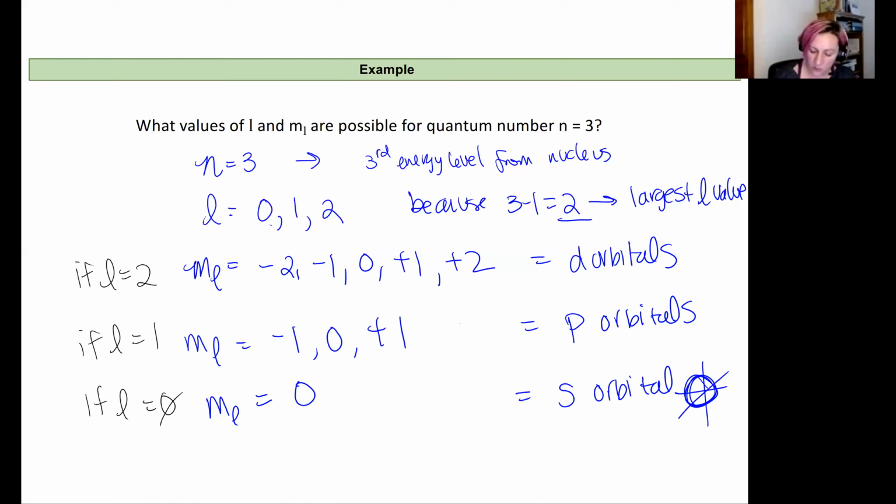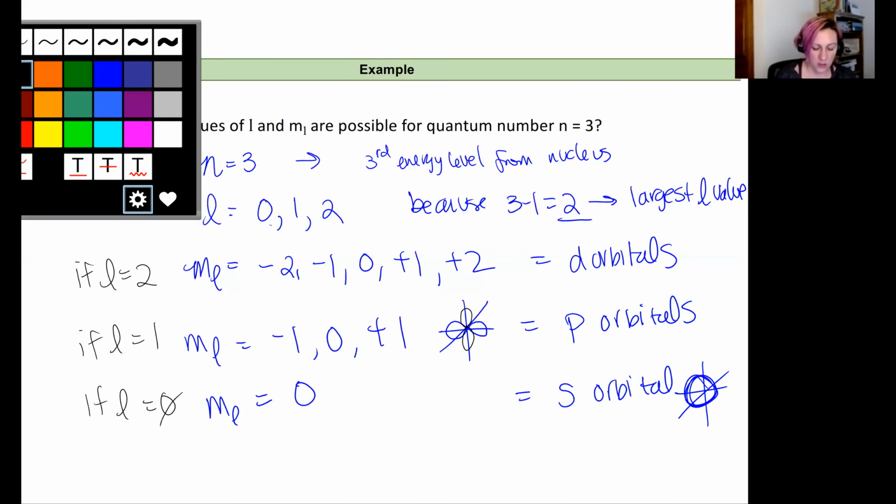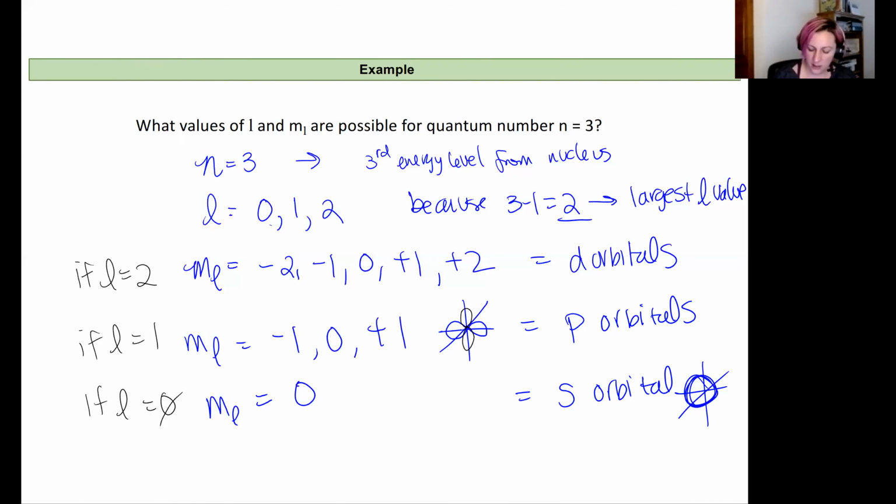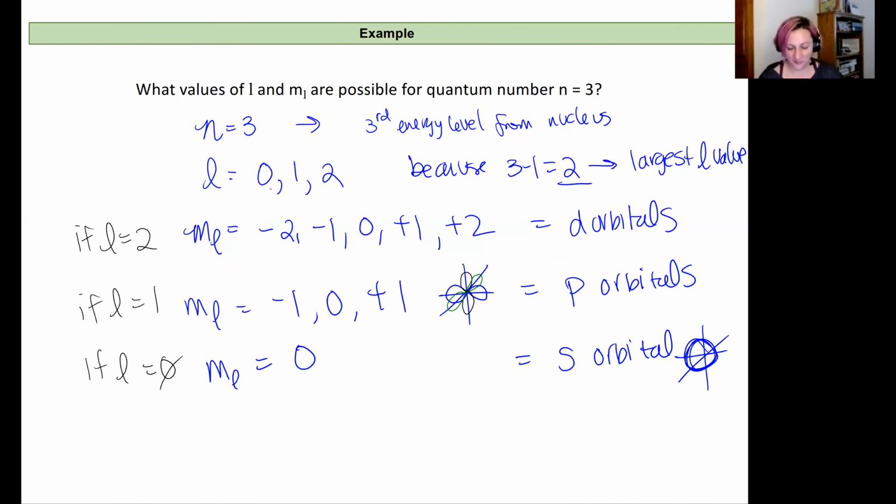But the p orbital, which looks like kind of a figure 8, can be oriented in 3 different ways. Specifically, if you're in an XYZ plane, you can have it along the x-axis or the z-axis, or you could have it along the y-axis, whichever axis I didn't say yet of the 3. And for our d orbitals, there's 5 different arrangements that you can have in the XYZ plane.